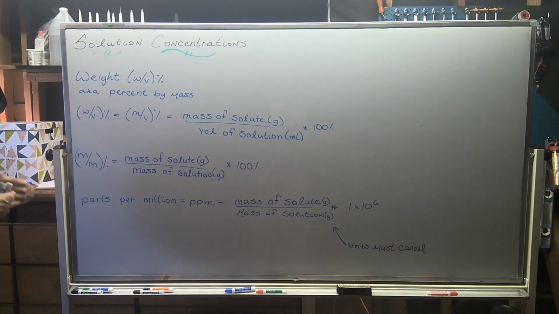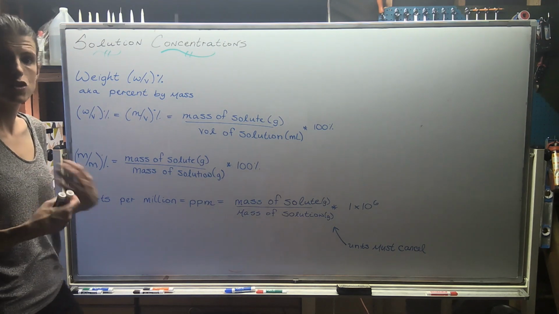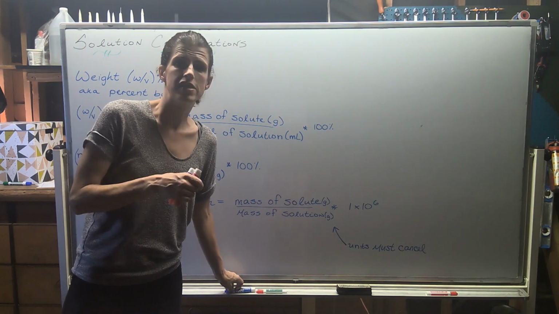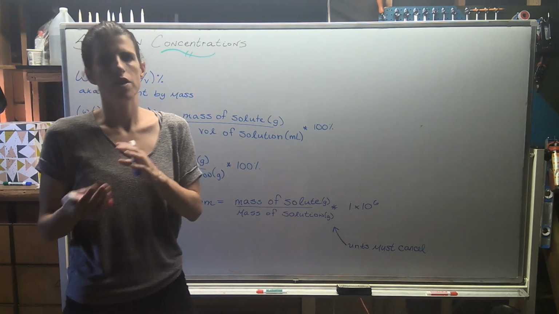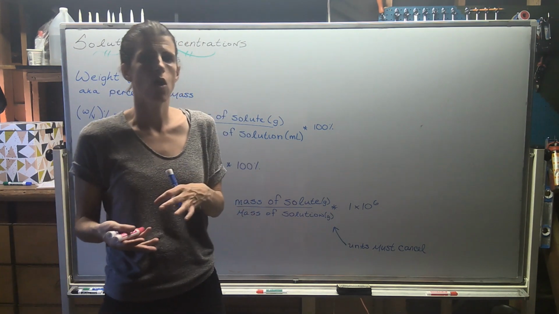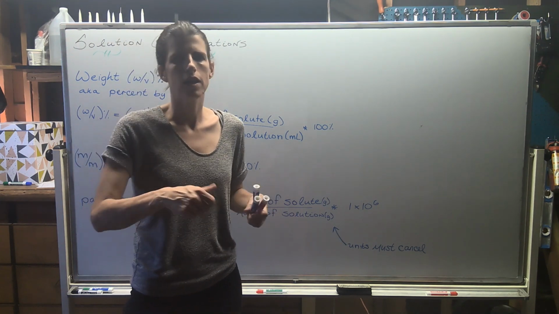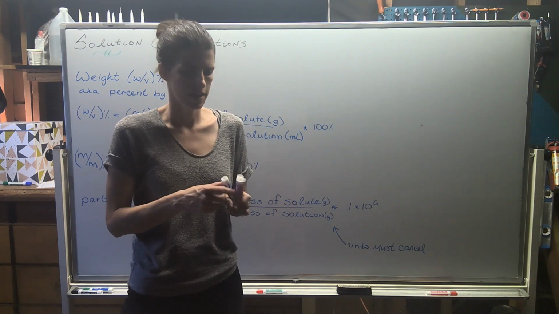The weight by volume is interesting. It has a lot of historical significance. So in the 1600s, they started testing the quality of alcohol to make sure it wasn't watered down and whatnot by pouring it on gunpowder and igniting it.